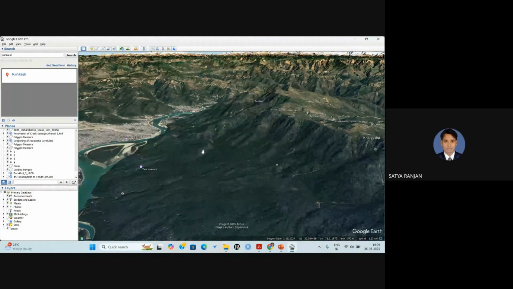But in the monsoon season, all these interlocking spurs have some small river channels.